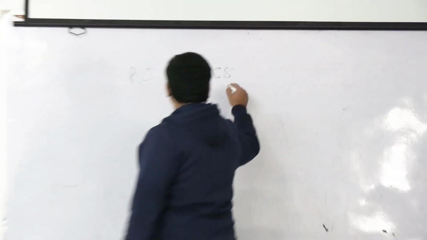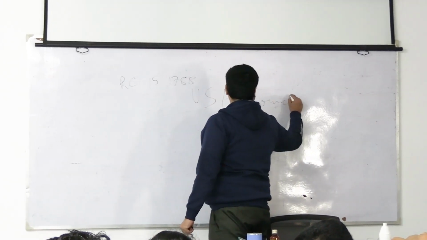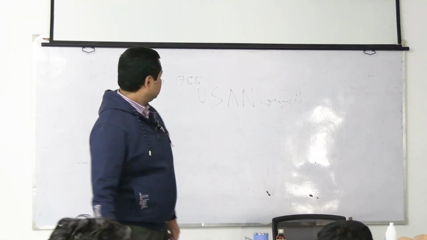Then when the marketing is being done, the drug is being marketed by the company by some name. ঠিক আছে? সেই নেমটা কোম্পানি দেয়, and there are authorities like USAN, US adopted name Council. ঠিক আছে?